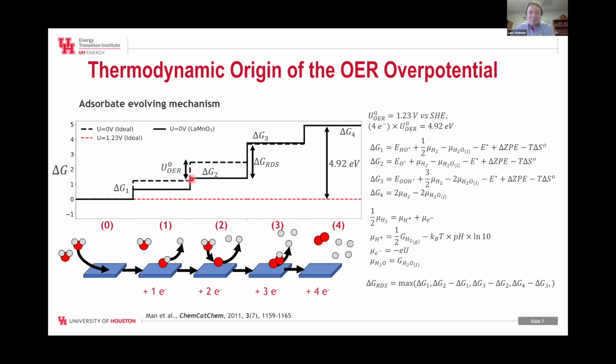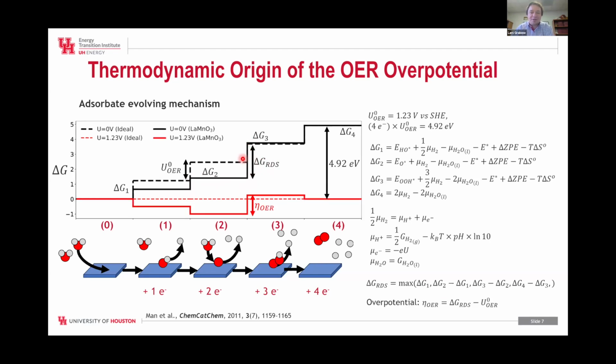So if these energy states deviate, then also the energy differences between two states deviate. So here, for example, between step 2 and 3, there is an energy change indicated, delta G RDS, for the rate determining step. And that is now much larger than the 1.23 volts.